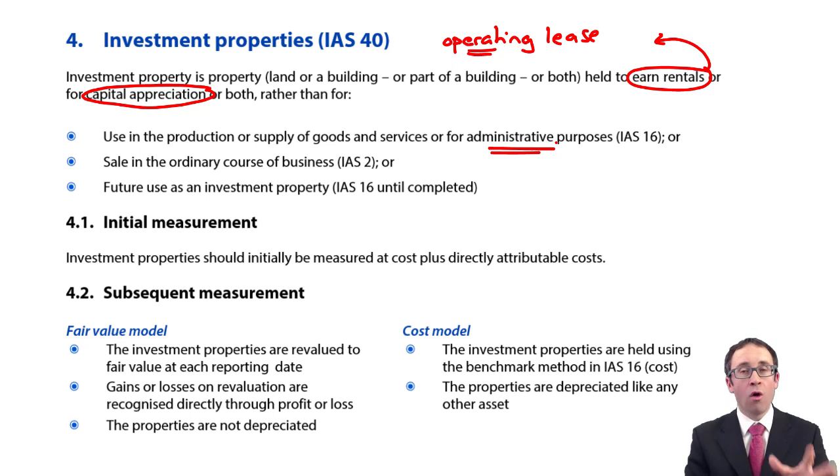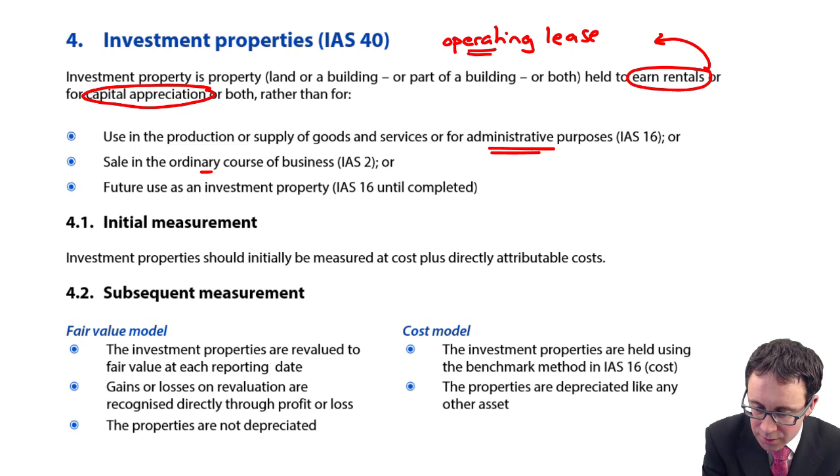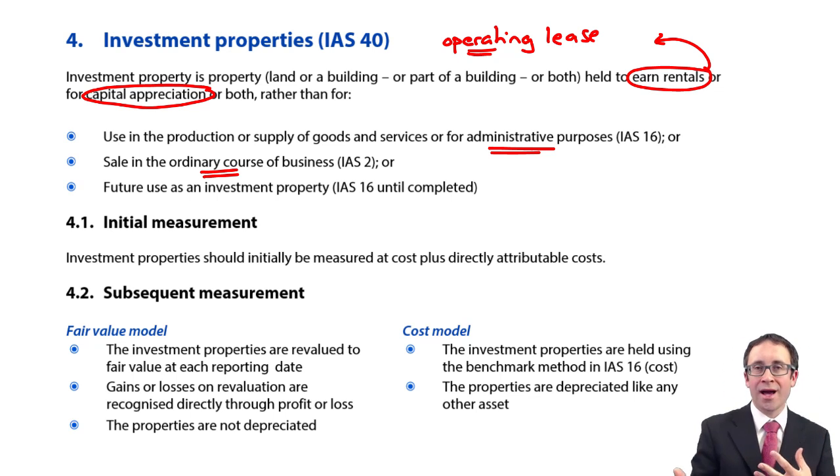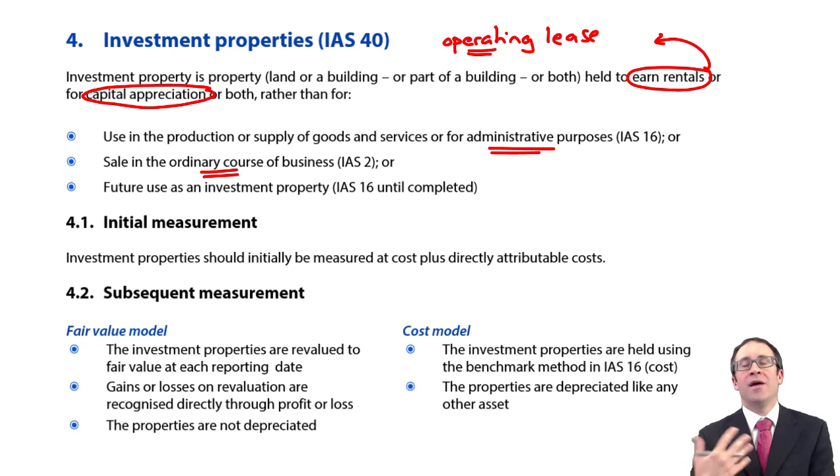Also, just note that if you are selling property in your ordinary course of business, so that's your day-to-day business, buying houses, selling houses, or buying land, selling land, then that's governed by IAS 2, because effectively that land and that building is inventory. It's goods that you are buying in order to sell in the normal course of business.